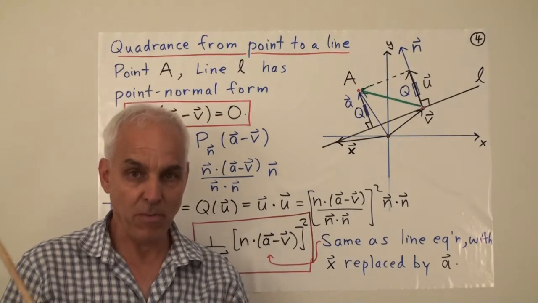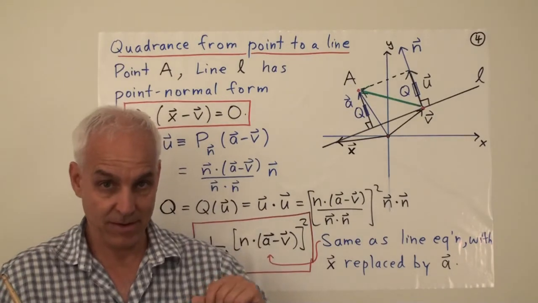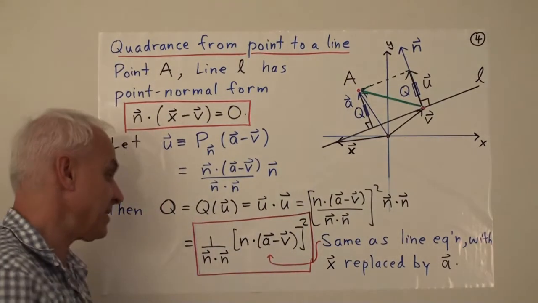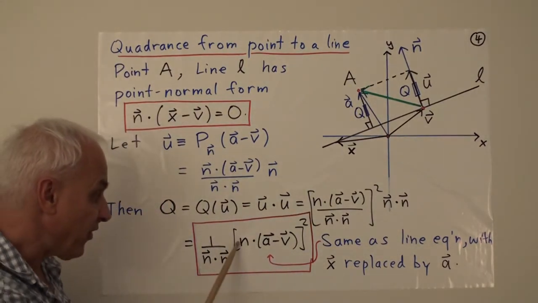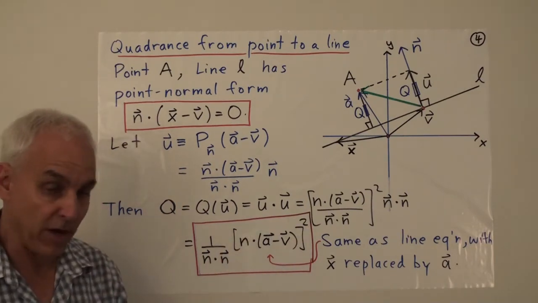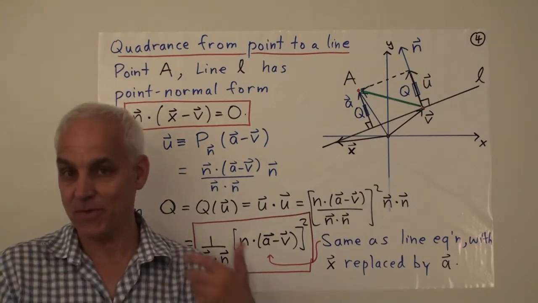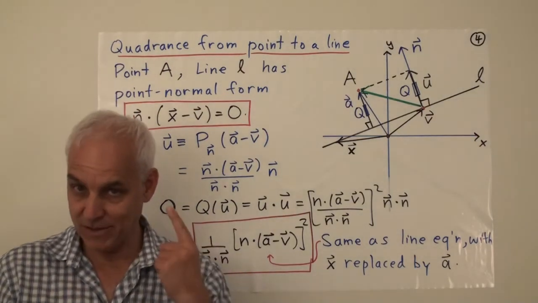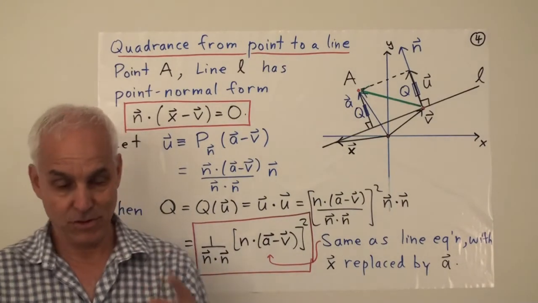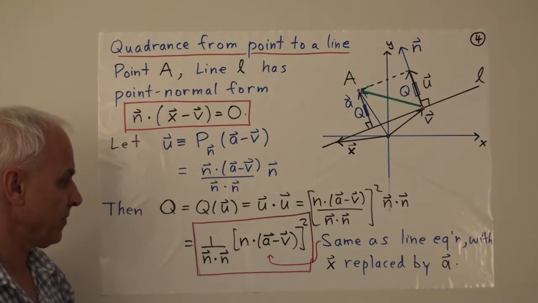You don't want your formula for the quadrance to change if n is replaced with 6 times n. Well, in here, if you replace n with 6 times n, there's a 6 that will come out here, and with the square, there'll be a 6 squared coming out of the numerator, but there's a 6 squared in the denominator to cancel, so the thing is still independent of scaling of n. You can think of that as the reason why there's an n dot n here.